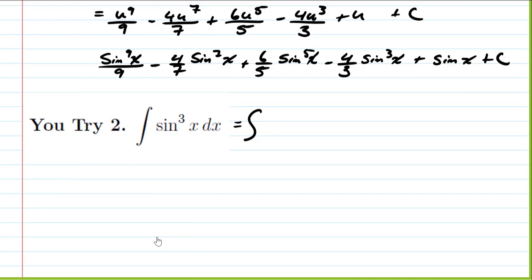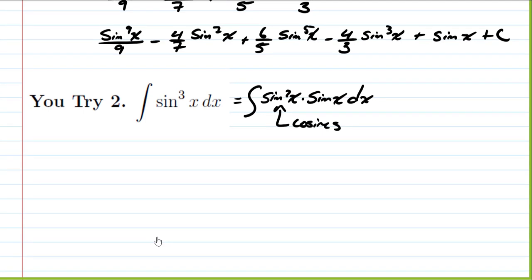So the first thing we're going to do is write it as sine squared x times sine x dx. And then we are going to rewrite this as cosines. So we use our Pythagorean identity, and we get sine squared is 1 minus cosine squared x times sine x dx.